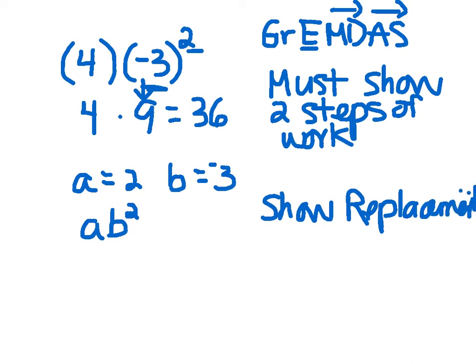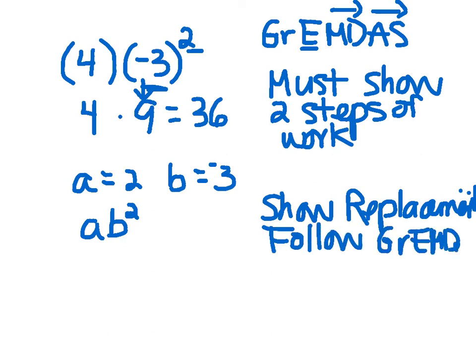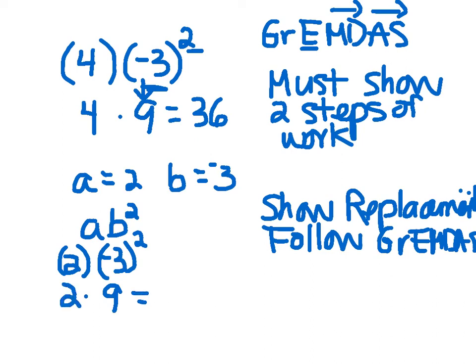And then follow GREMDAS. Okay, so showing replacement means that where there's an A, I plug in 2. Where there's a B, I plug in negative 3 squared, because this is B squared. And just like the problem before, I have to first do the exponent and then the multiplication. Beware, don't do A times B and then square it. It's only the B squared.